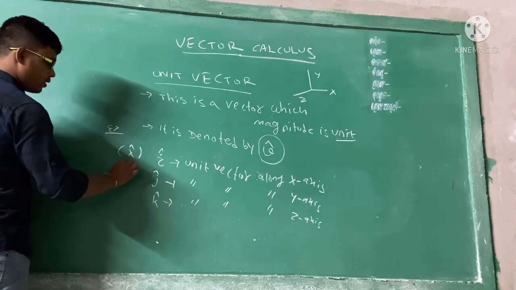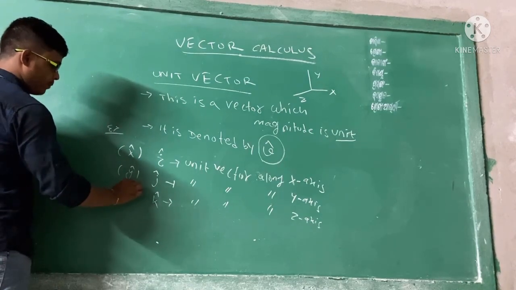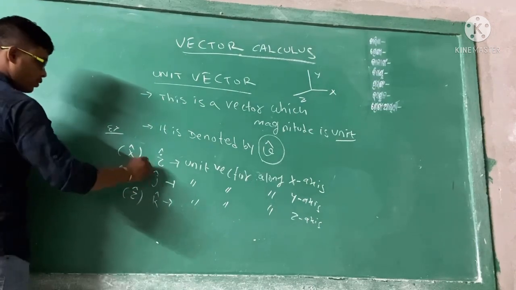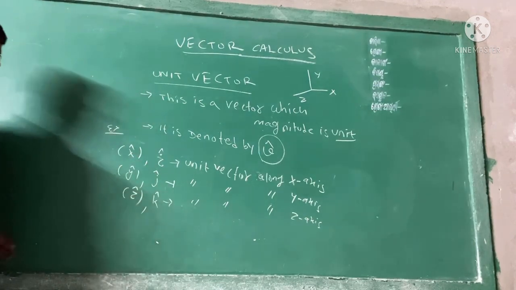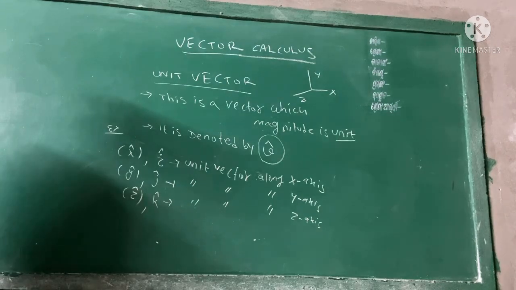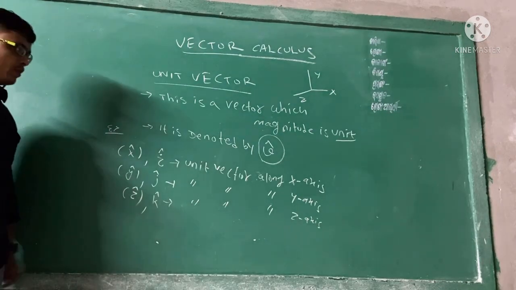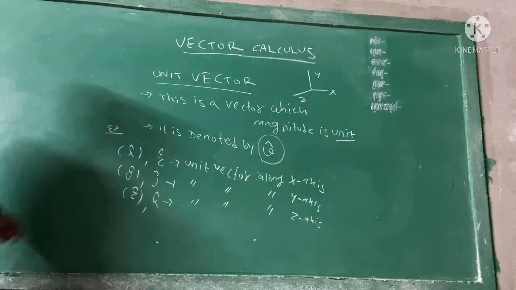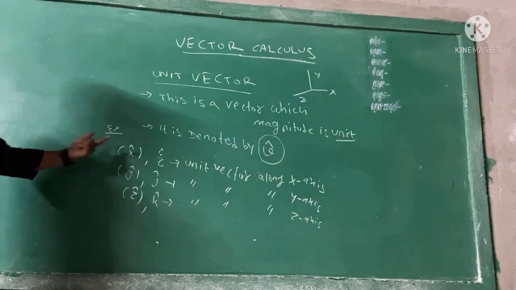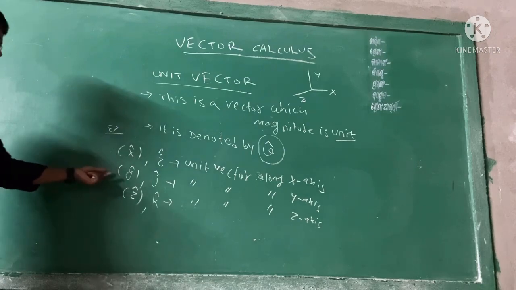We can also denote i cap as x cap, j cap as y cap, and k cap as z cap. You can choose either of these two: you can use i cap, j cap, k cap, or x cap, y cap, z cap. But use the cap, that is the representation of the unit vector.